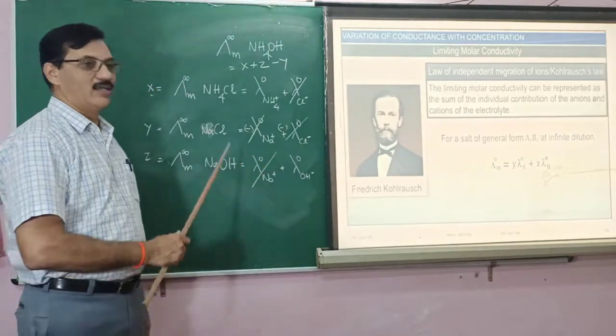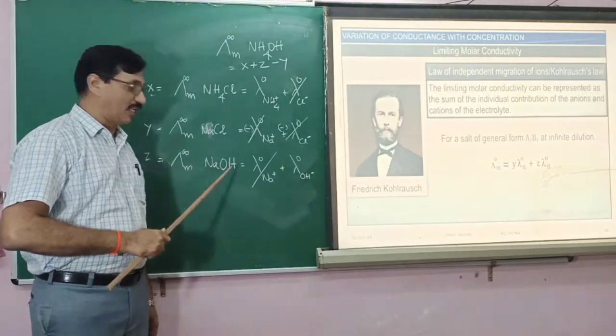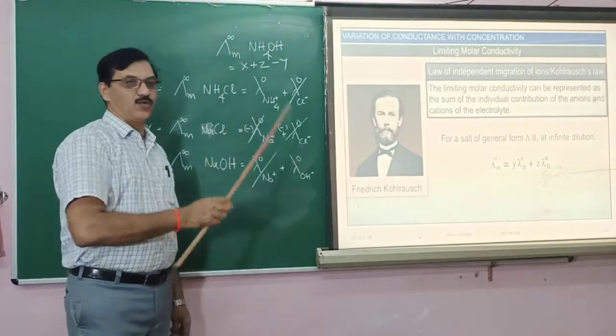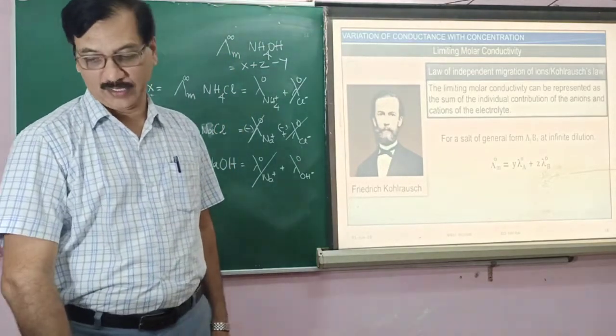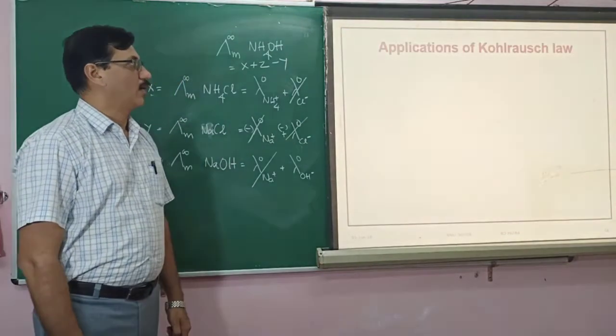So by knowing the limiting molar conductivity values of three different strong electrolytes, we can find out molar conductivity at infinite dilution of a weak electrolyte. This is how Kohlrausch's law can be applied. Right?